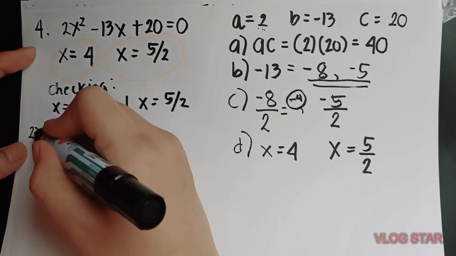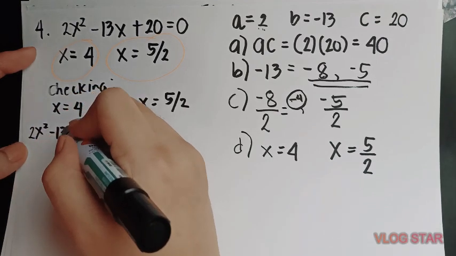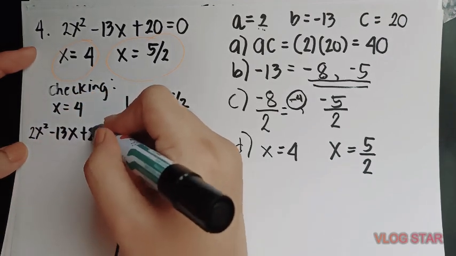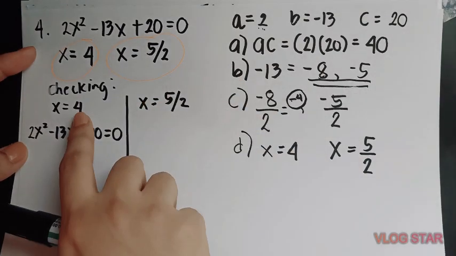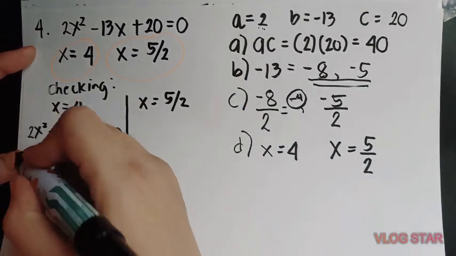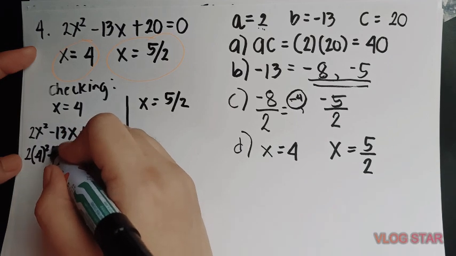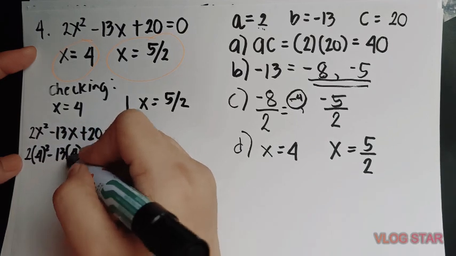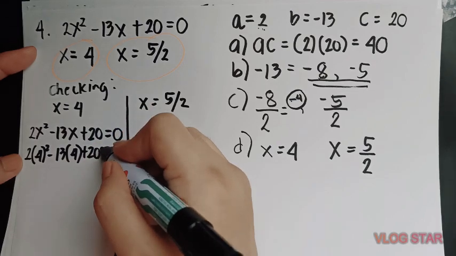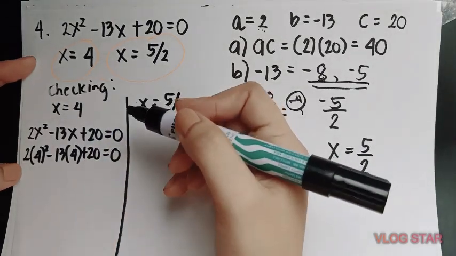We have 2x squared minus 13x plus 20 equals 0. Substitute 4 for x. So we're going to have 2 times 4 squared minus 13 times 4 plus 20. Is it equal to 0?